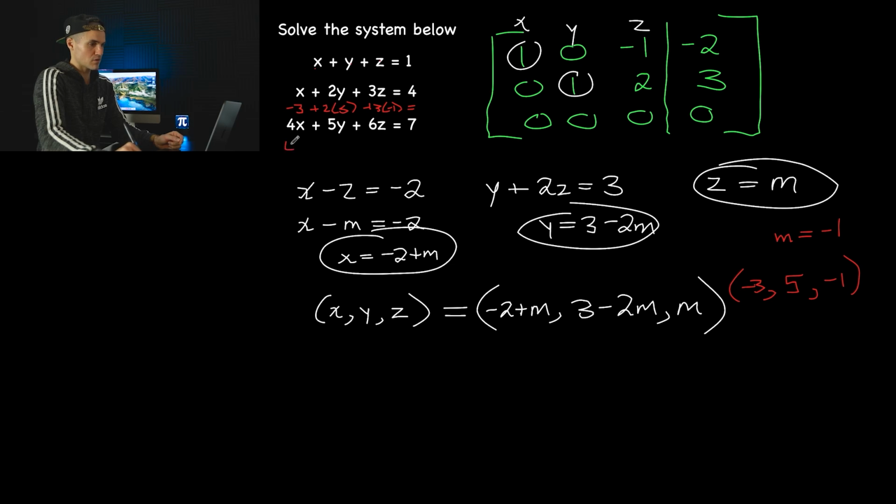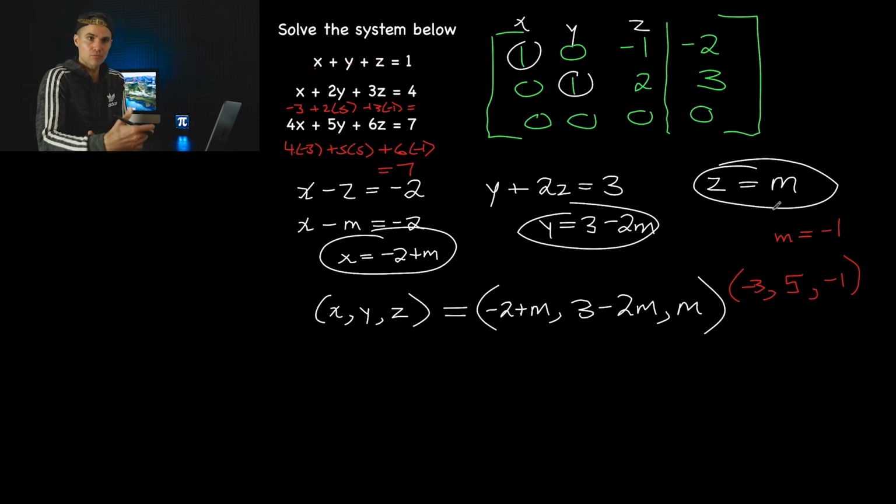Plugging in this here, 4 times negative 3 plus 5 times 5 plus 6 times negative 1. What's that going to be? Negative 12 plus 25, which is 13 minus 6, does indeed give us 7. Right? So notice how it works out for this m value of negative 1.